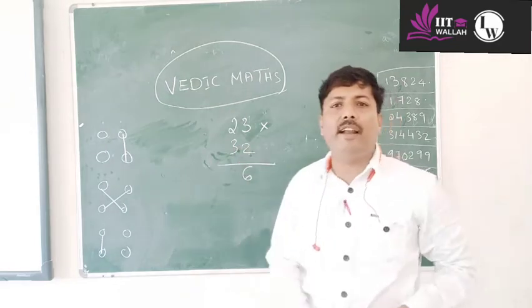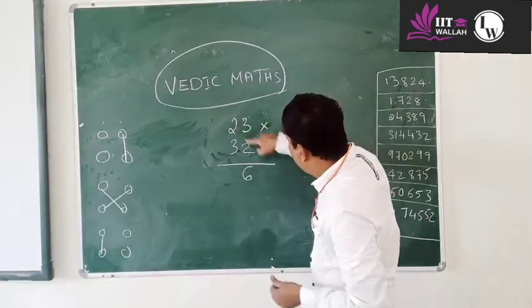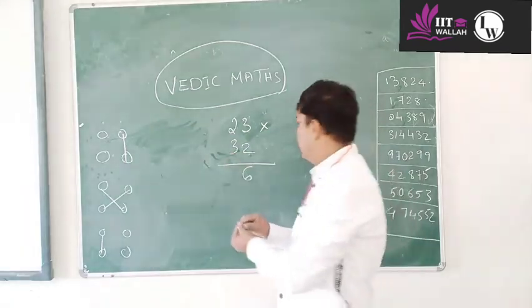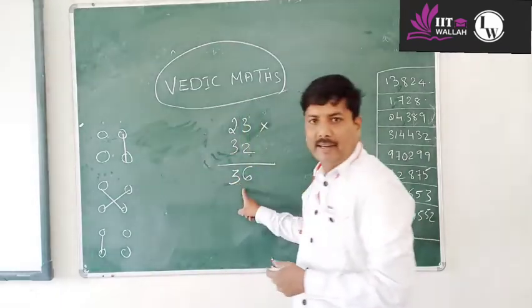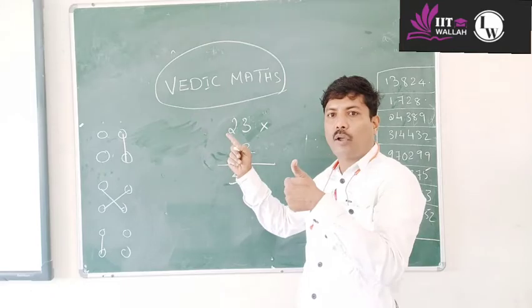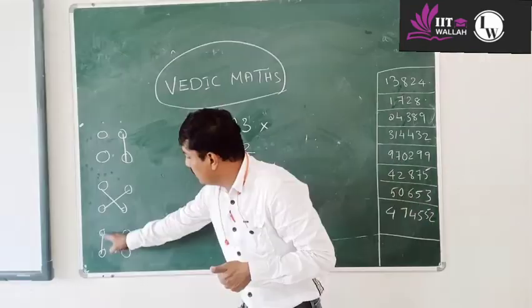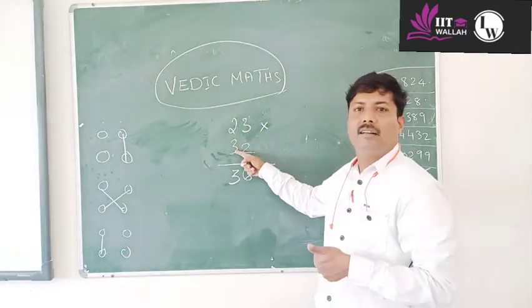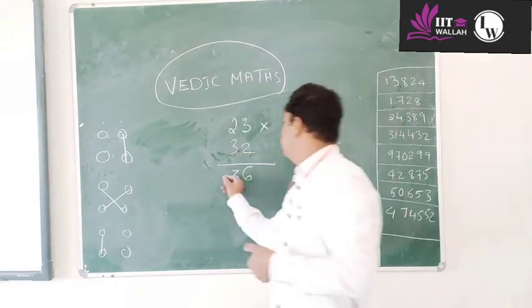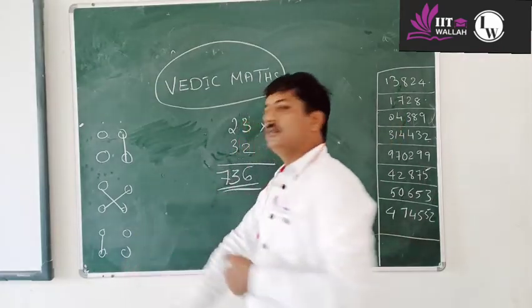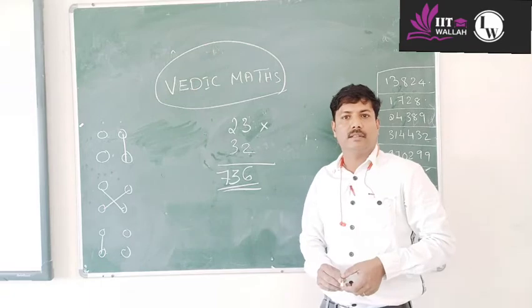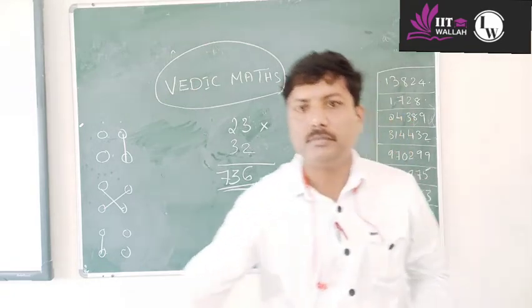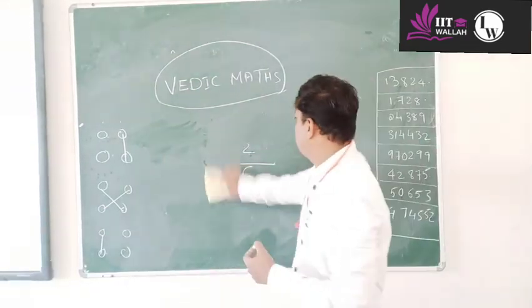It should be done very fast, like this. 4 plus 9, 13. So 3 only will be written, 1 would be carried. So the last step is this into this. Means 2 3s are 6 plus 1, 7. Understood? Okay, we will do some other examples.